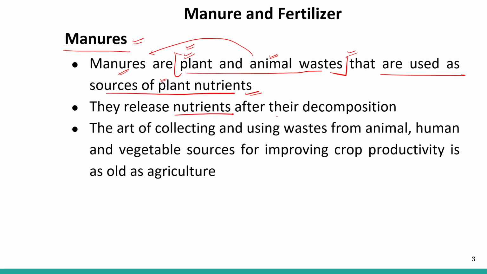They release nutrients after their decomposition. So decomposition is a very important step to form the manure. Suppose there is waste in the forest land, so there can be twigs and branches, and litter, that is anything that has fallen from the tree and gets deposited on the ground.